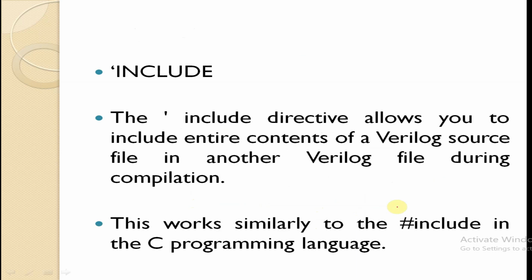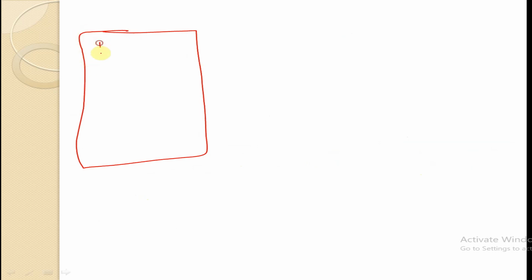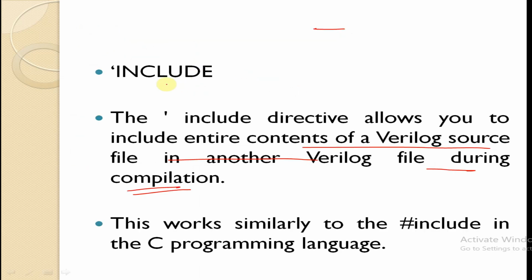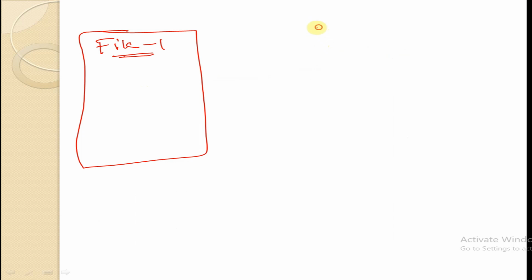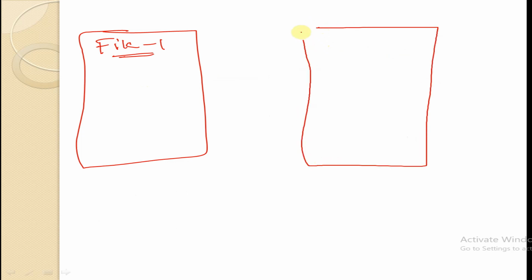So coming to tick include. The tick include directive allows you to include the entire contents of a Verilog source file in another Verilog file during the compilation. For example, if we have two files, say this is file 1. This tick include is used in our real-time projects also. Let me see how this is used. So this is file 1 and say this is file 2.